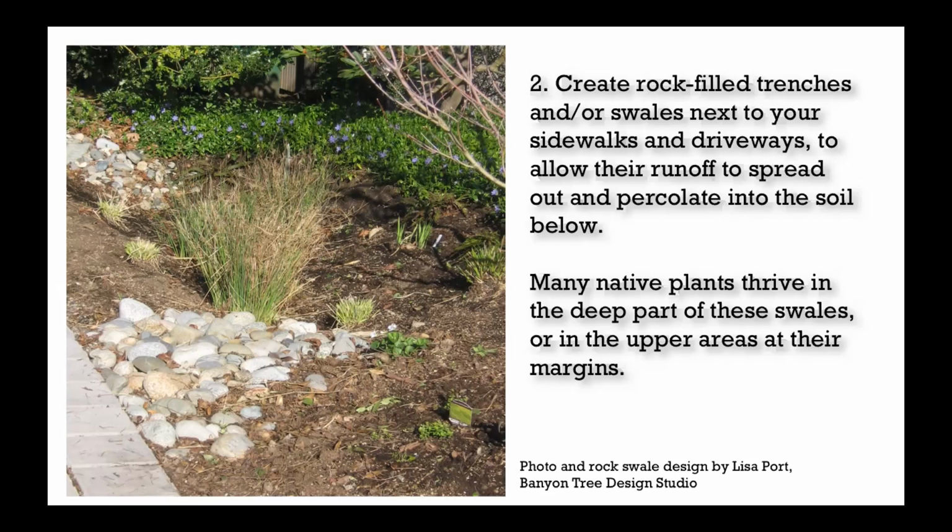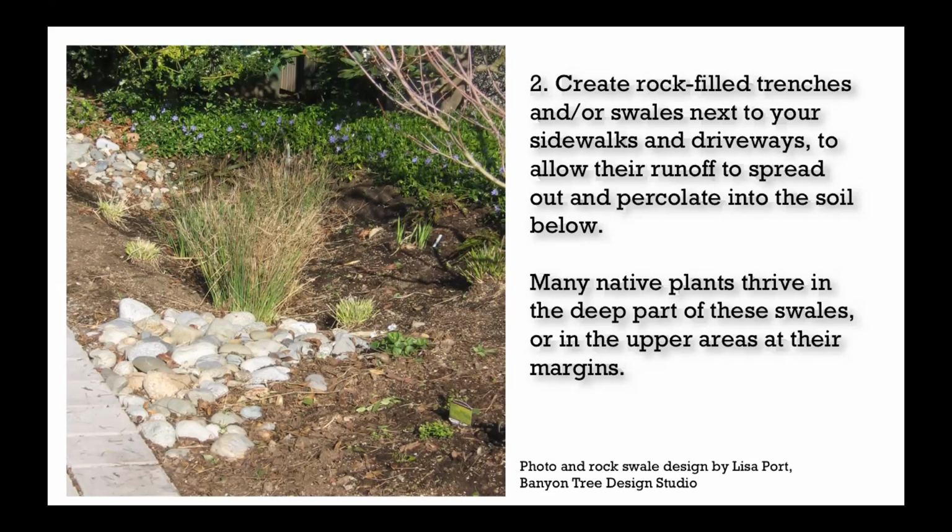But this particular one was designed to have a rock bolster at the end right next to the driveway that you see right off to the left. And then on the other end, it's actually absorbing and taking in water from a downspout of that house too. It's just not visible in this picture, but there are many native plants that will thrive in these real wet spots, as I mentioned earlier.